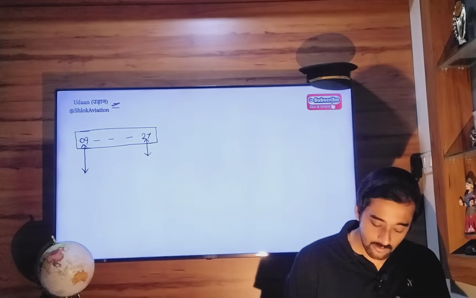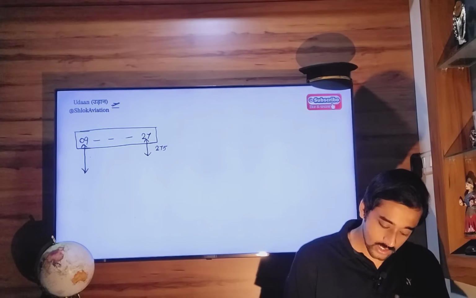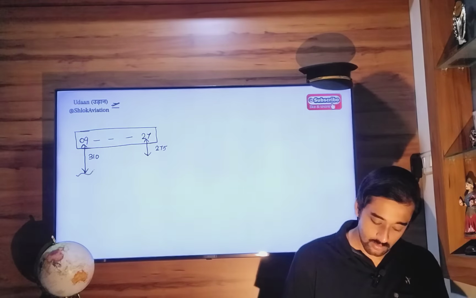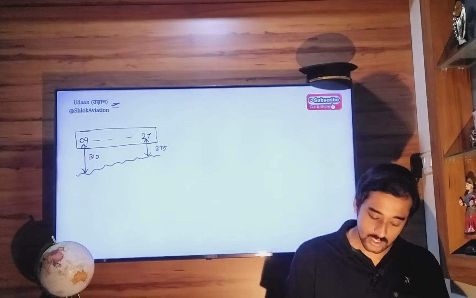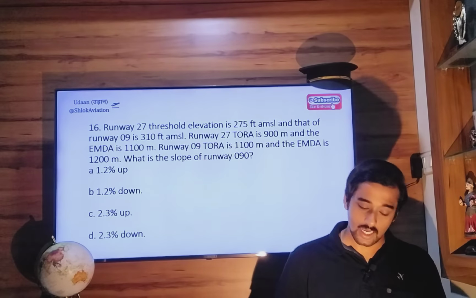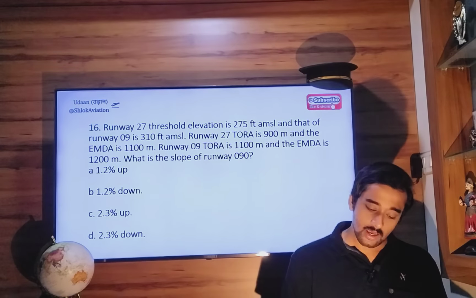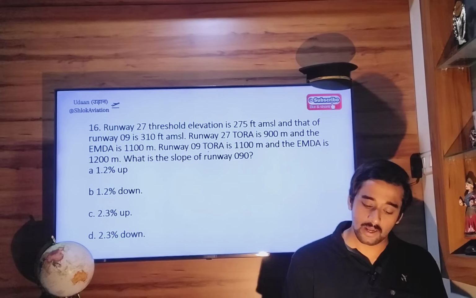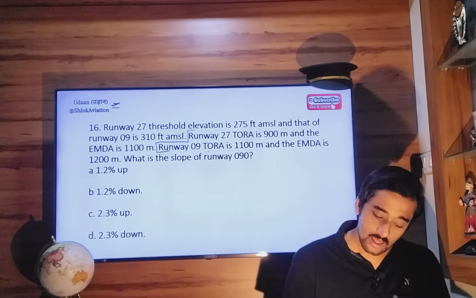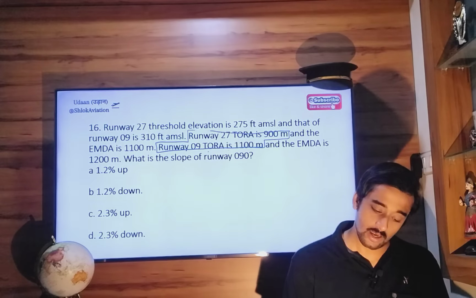Mean sea level is something like this. Next. Runway 27 takeoff run available is 900 meter. Runway 09 takeoff run available is 1100 meter. So here we have different takeoff run available.